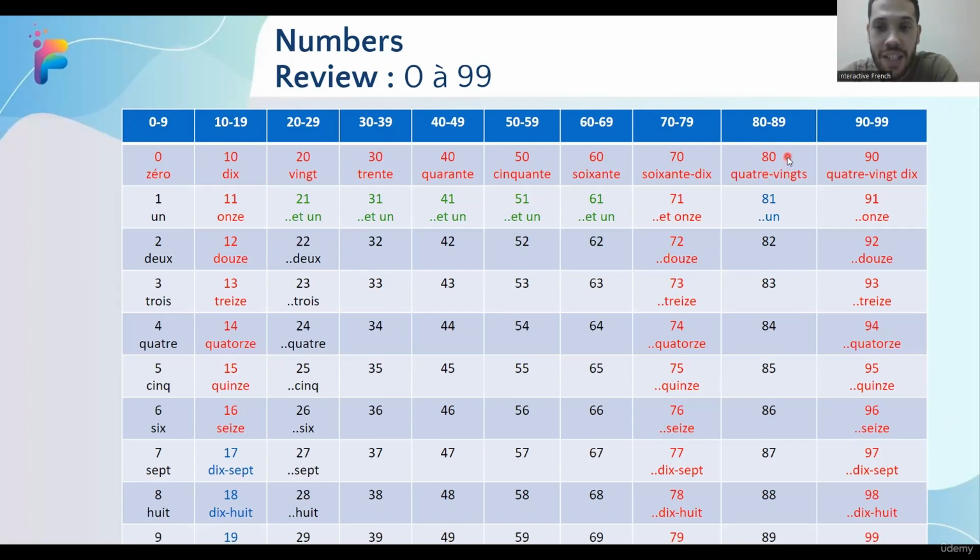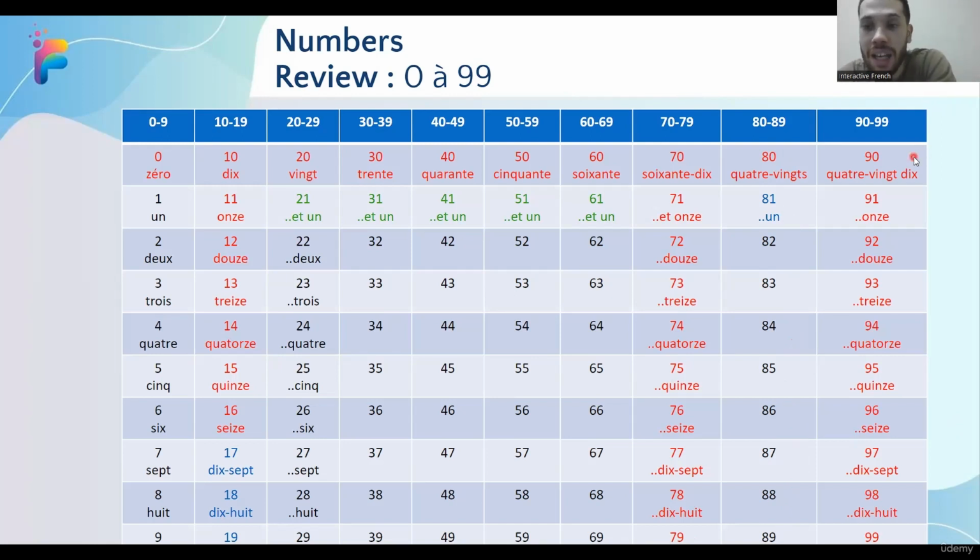Moving on to 80: 80, 81, 82, 83, 84, 85, 86, 87, 88, 89. Right? 80 to 89. And now 90 to 99.